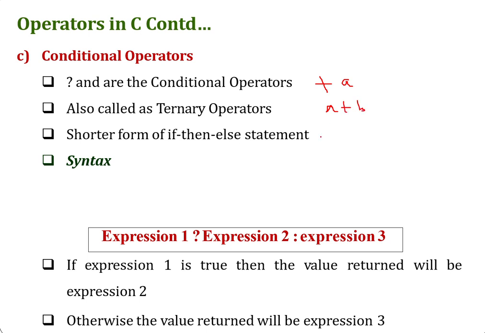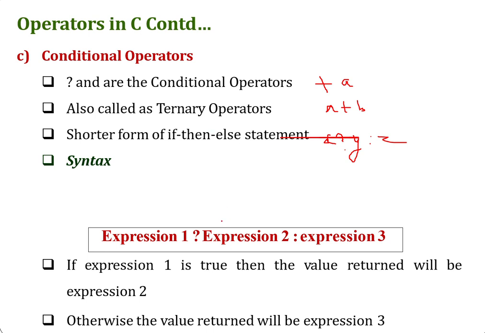Here it is a ternary operator where you will have an expression, then an operator, then one more expression, then a colon, and then the next expression. So you have three operands, and so it is known as a ternary operator.